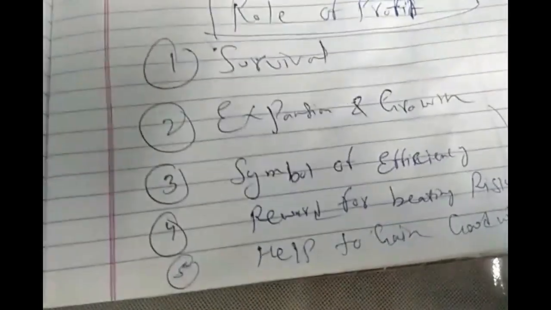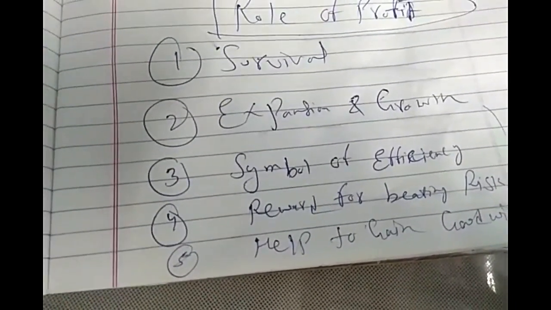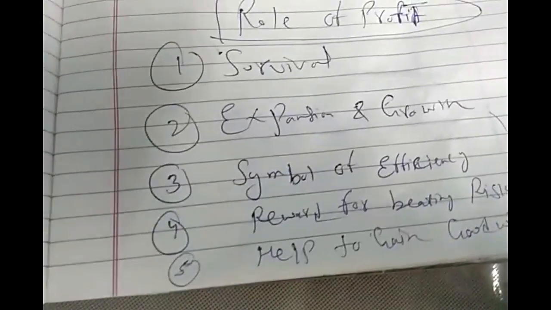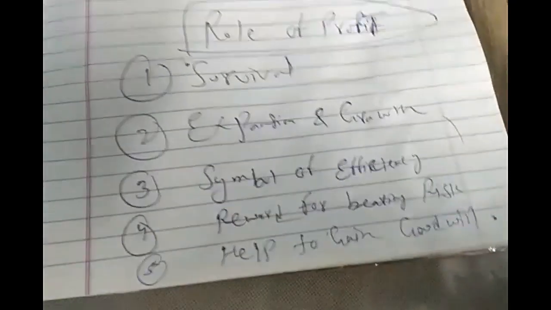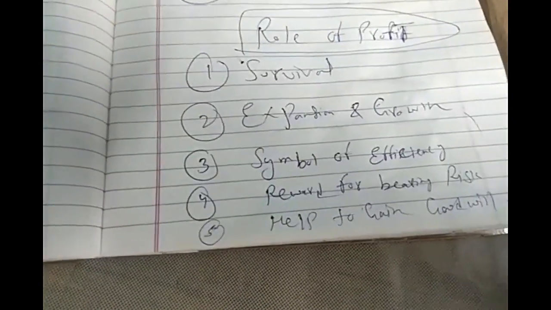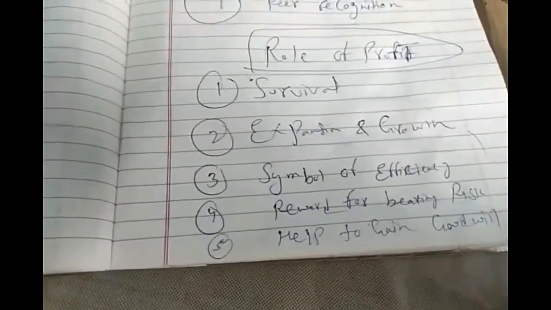So it is only the goodwill of the firm. And ABC Limited company is not earning, so we are not going to invest. So profit plays a very important role in helping to gain the goodwill of the firm, to make a good image of the firm in the eyes of the public. That is clear.